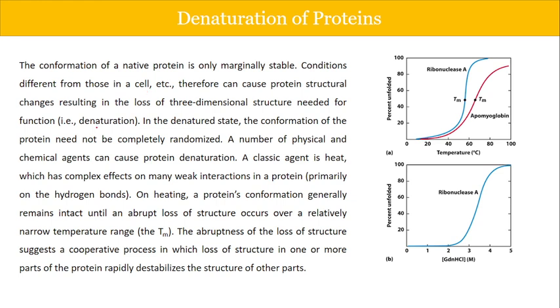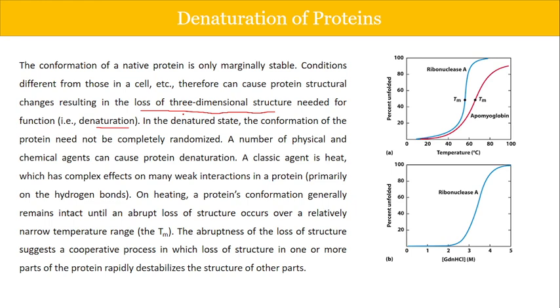So this is what we can call denaturation, because when there is the loss of the three-dimensional structure, which is actually important for the functioning of the protein, that is what we call denaturation of the protein.